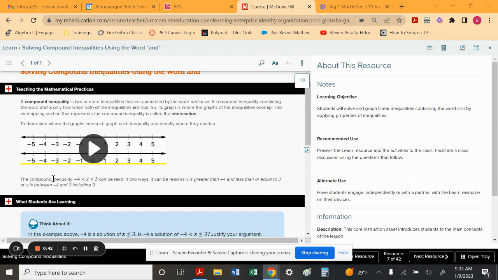So how would I graph that? Notice here I have -4, and it does not have an equal sign, so it's going to be an open circle like we've learned before. This has a 3, which is located over here. It has an equal sign, so it's going to be a closed circle, and then we would shade in anything in between.